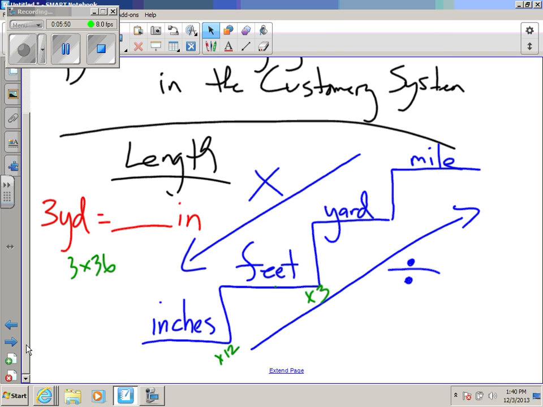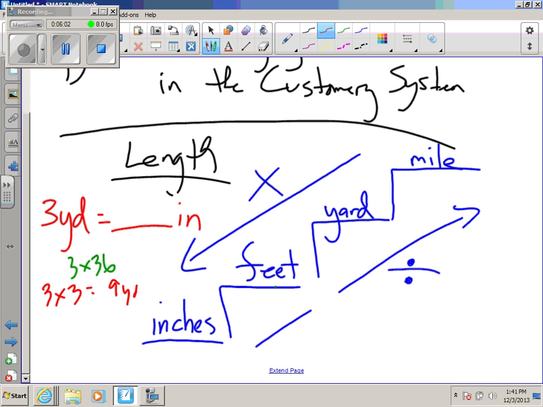If you don't get that, then just do it straight up. So 3 times the 3 gives us 9 feet. 9 feet converted to inches is 9 times 12. 3 times 36, 9 times 12, it's going to give you the same thing, which is 108.